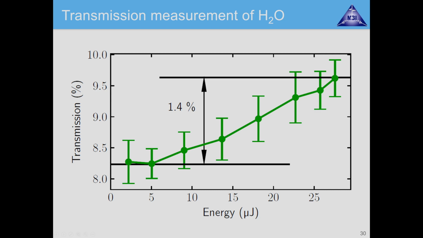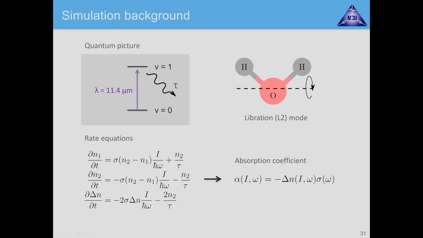And now we try to interpret this and to make some sense out of it, and that's why there was a simulation I did. We had a look at the librational mode in a kind of quantum picture, with a lower and an excited state. With the laser pulse, we excite the water molecules from the ground state to the excited state.